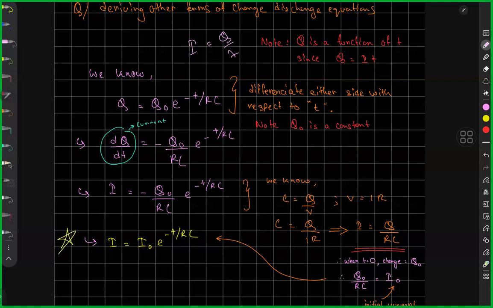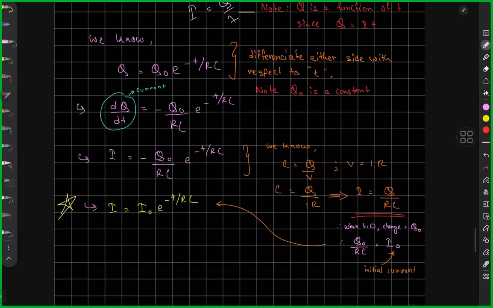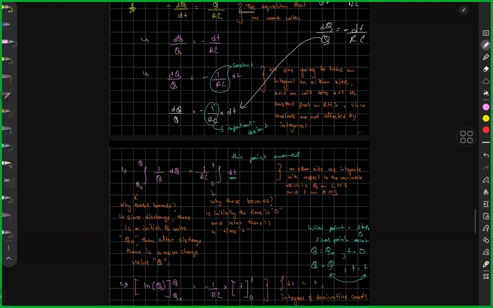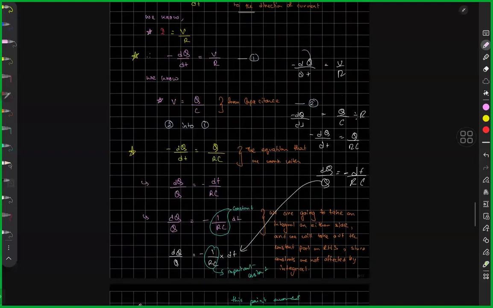Let's do something. Remember this position of our equation? No, because this is technically new. We did come to something similar to this. I'll show that to you. Dq by dt over here, and then we substituted this, and we got this.